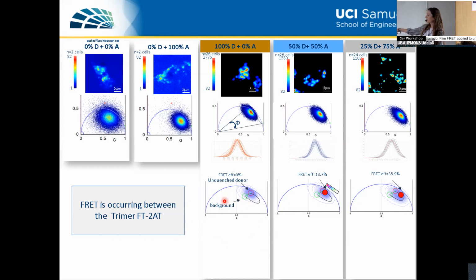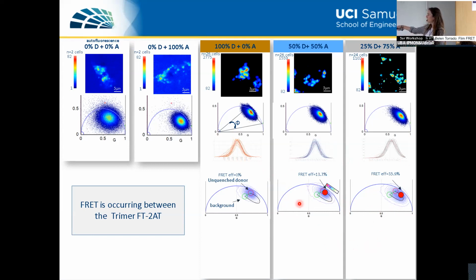We established the background position using the autofluorescence condition, this one. We put here the position, and then here we have the unquenched donor. And of course, we don't have FRET. And then as we increase the acceptor, we see that it's moving along the trajectory.